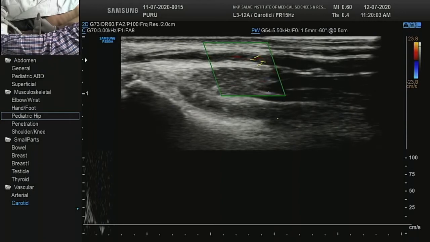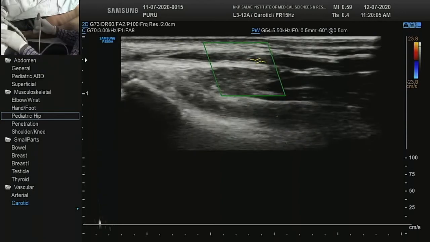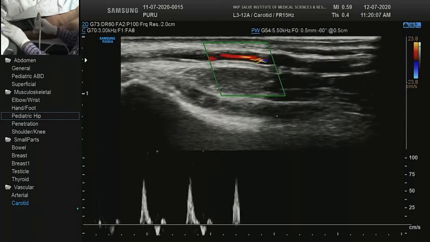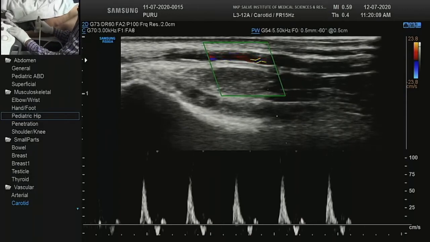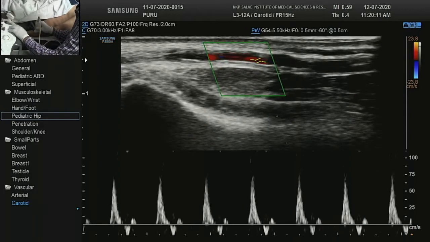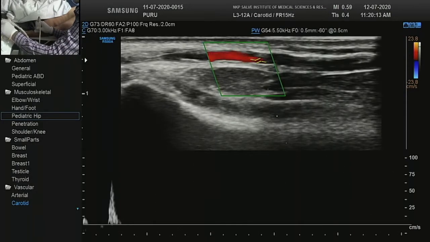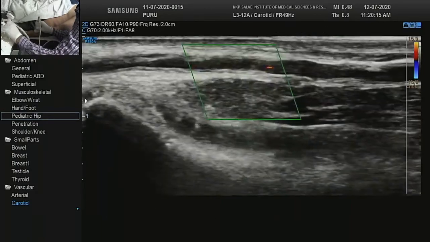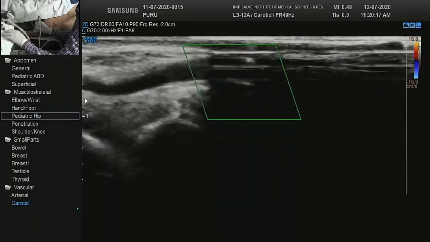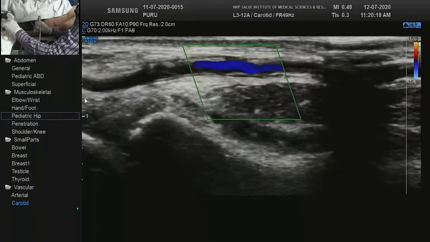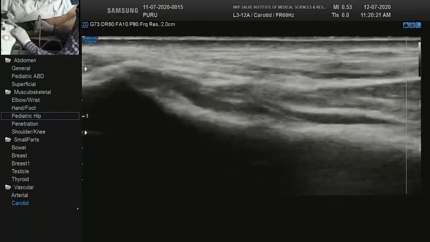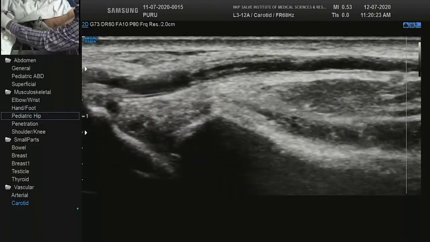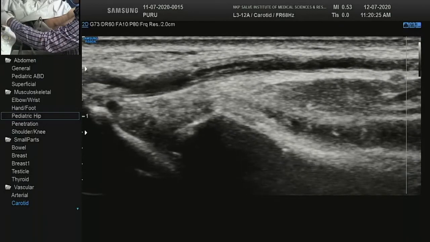Our gate is more, we will reduce the gate here, and nice triphasic flow. He is a young patient, good flow. I'll reduce the zoom a little bit.